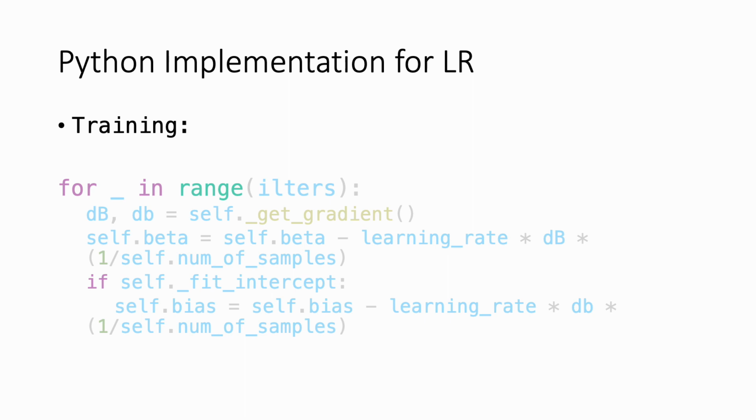The training method uses a for loop to iterate and find new parameter updates better than the previous one. This is the k-th epoch.